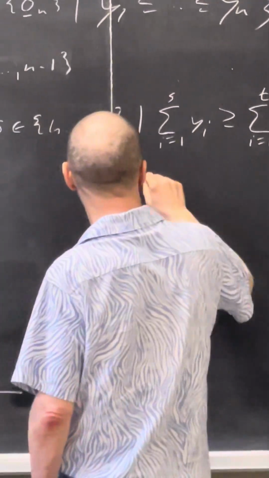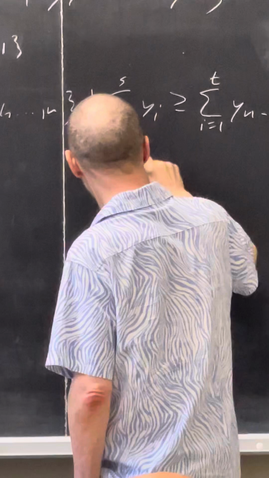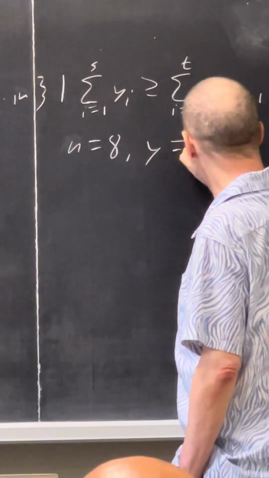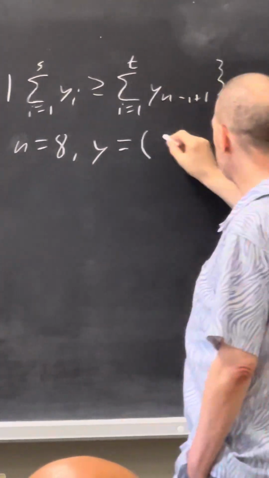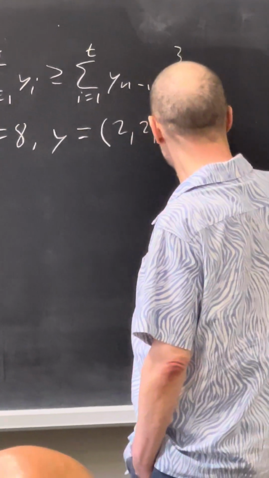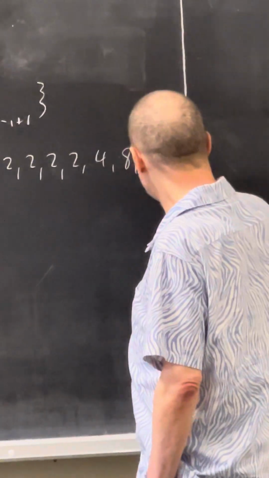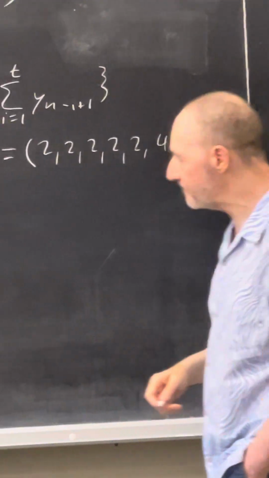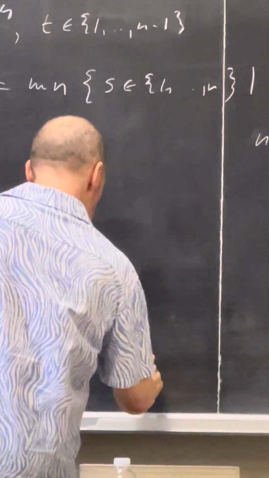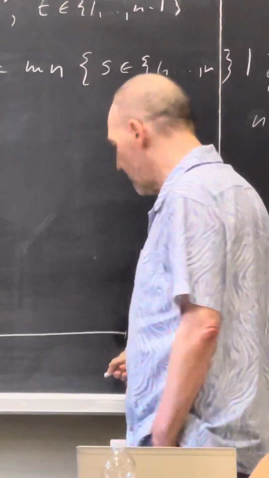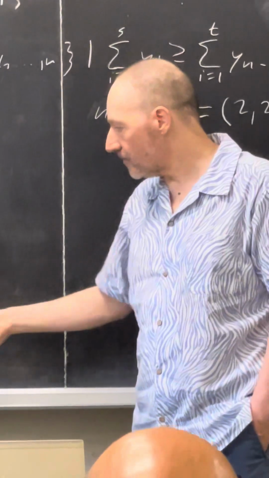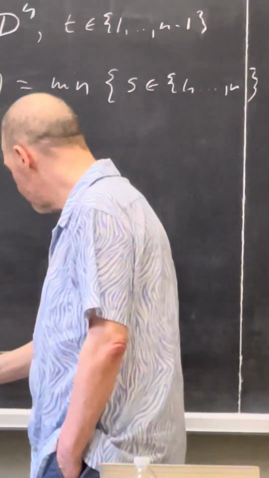Suppose we have 8 individuals, and we have a distribution 2, 2, 2, 2, 4, 8, 9, 8 of them. So this is T, the number of wealthiest we want to consider, that will run from 1 to 7.